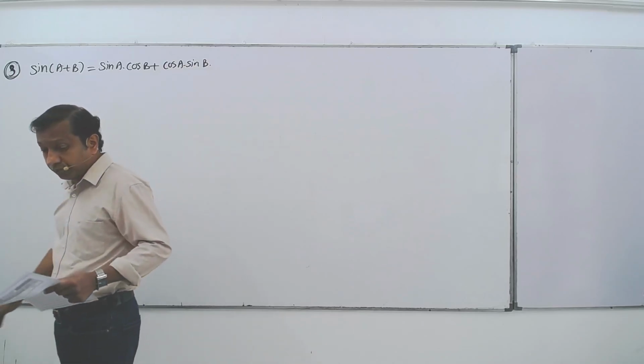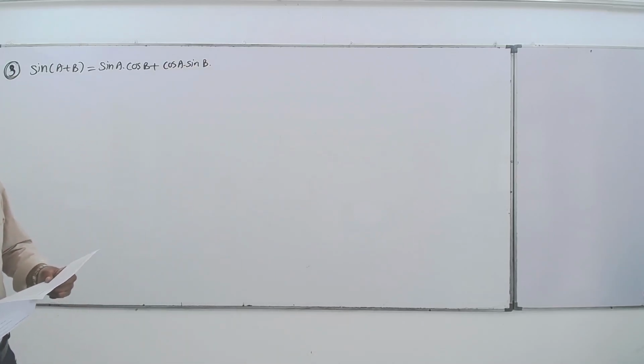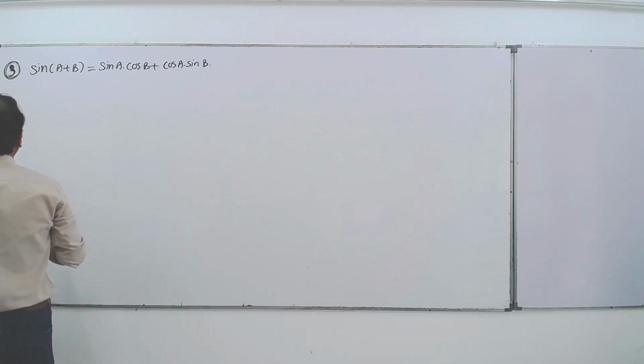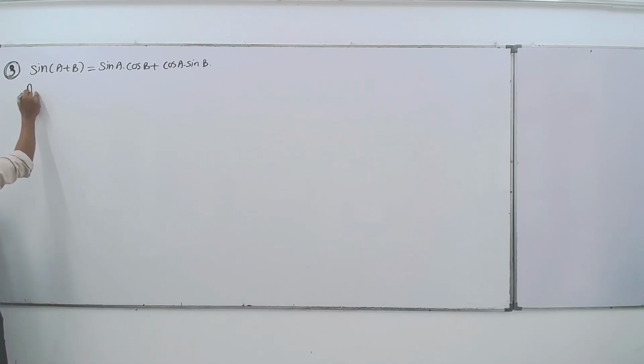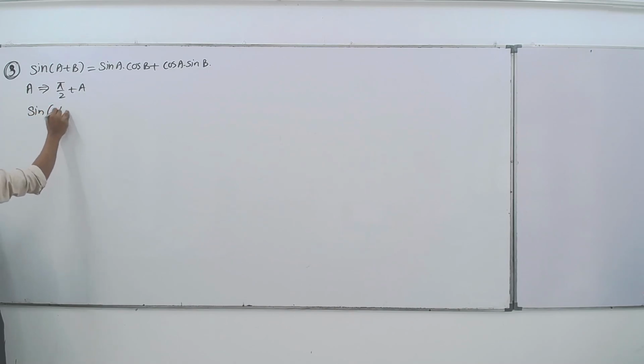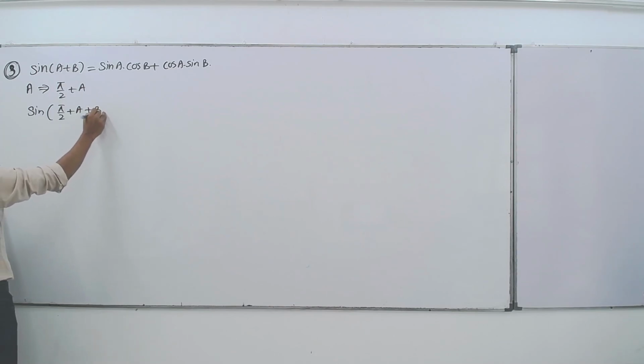Right. Secondly asking, hence write down cos A plus B. Right. So, we substitute for A, we replace this A by pi by 2 plus A. Okay. Then we get sin of pi by 2 plus A plus B. Right.